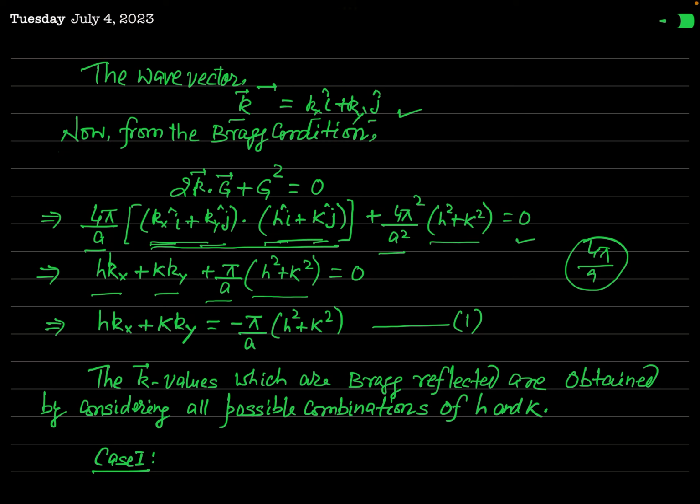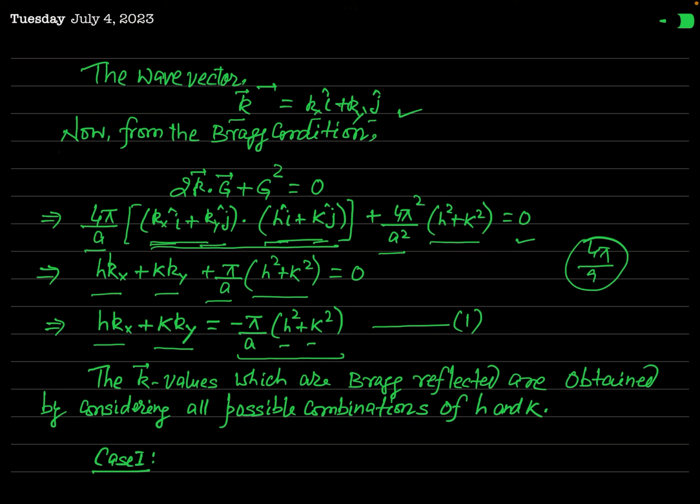So you can say that H kappa x plus K kappa y is equal to minus pi over a times H square plus K square. Now, as we have seen, the K values which are Bragg reflected are obtained by considering all possible combinations of H and K.